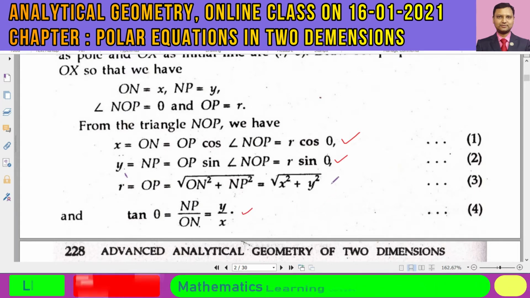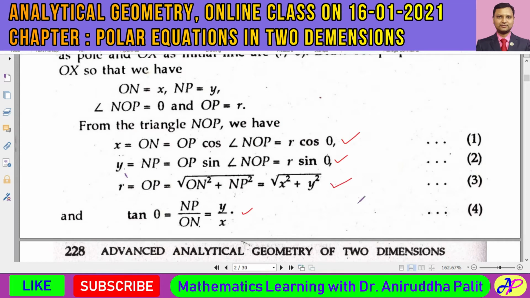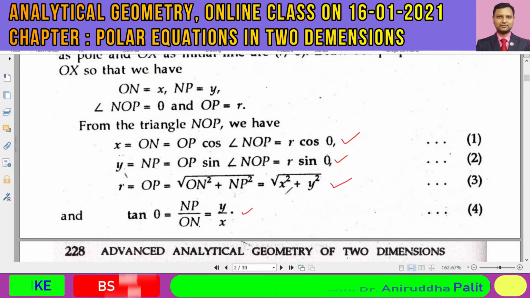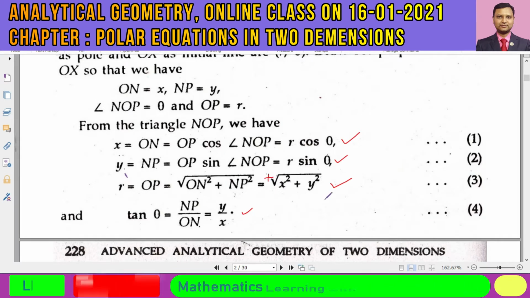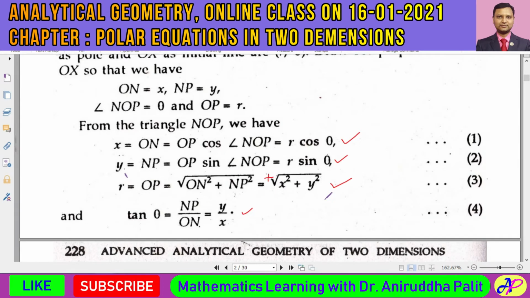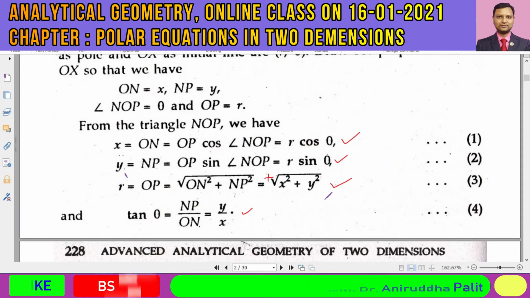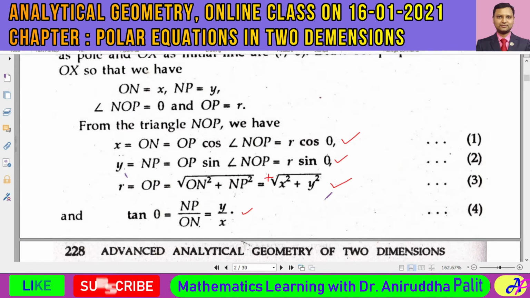And r is equal to root over x square plus y square, the positive square root. Mind it, we never consider the negative square root. We always consider the positive square root because r is a length. It can never be negative.